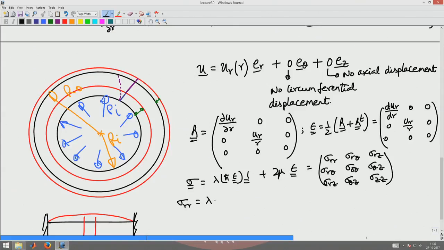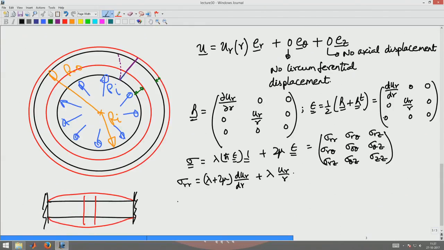It will be lambda plus 2 mu du r by dr plus lambda times u r by r. Okay. Similarly, sigma theta theta would be lambda plus 2 mu u r by r plus lambda times du r by dr, and sigma z z would be lambda times du r by dr plus u of r by r.